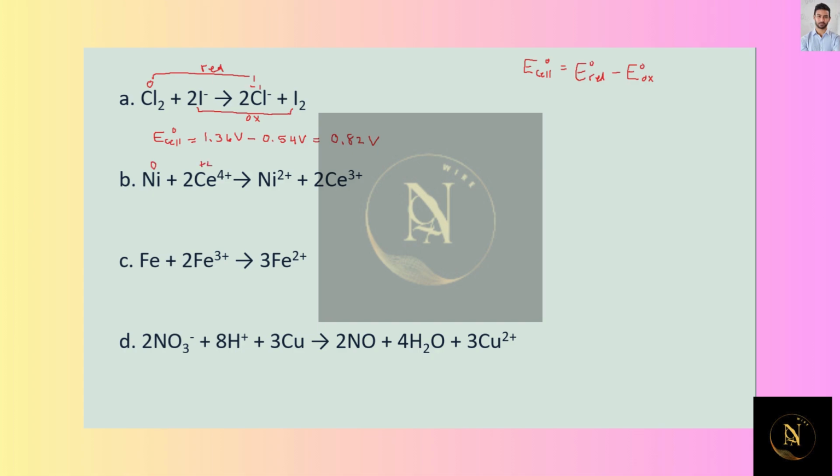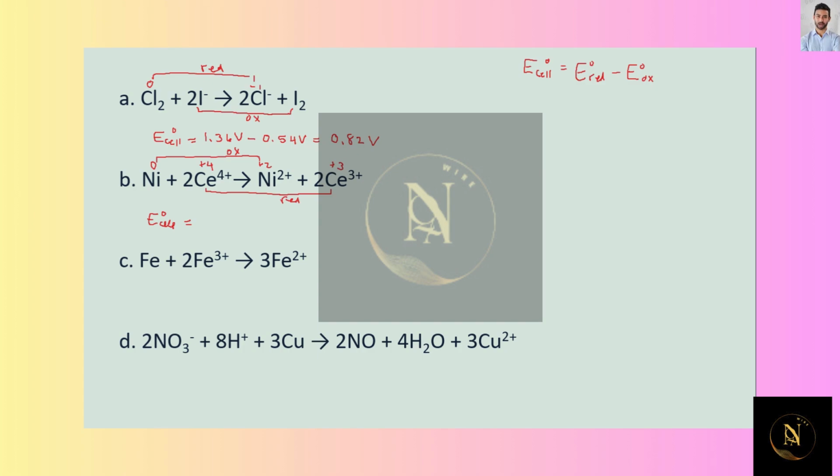On our next one, nickel here is 0. This is +4, this is +2, and this is +3. So nickel is going from 0 to +2. It's losing electrons. It's being oxidized. And then Ce is going from +4 to +3. It's gaining. It's being reduced. So E cell is going to equal the reduction potential.